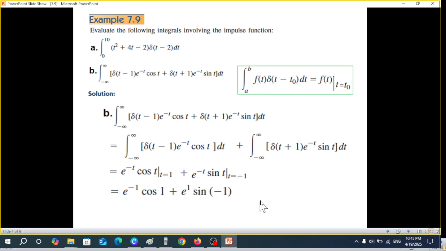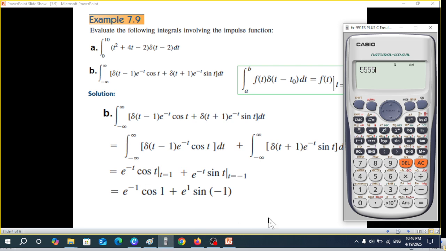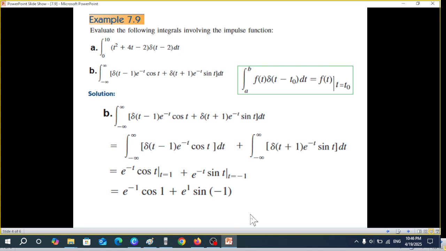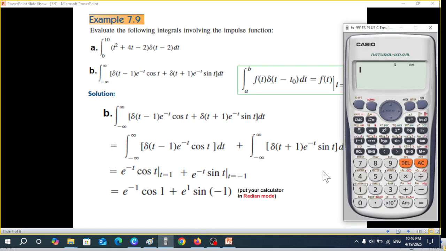And now by using our calculator, we can solve this. This is our calculator, and if you look carefully, this is in decimal mode. Since the cosine of 1 does not have degrees, it is not in degree mode but in radian mode. So we have to change the mode of our calculator into radian.